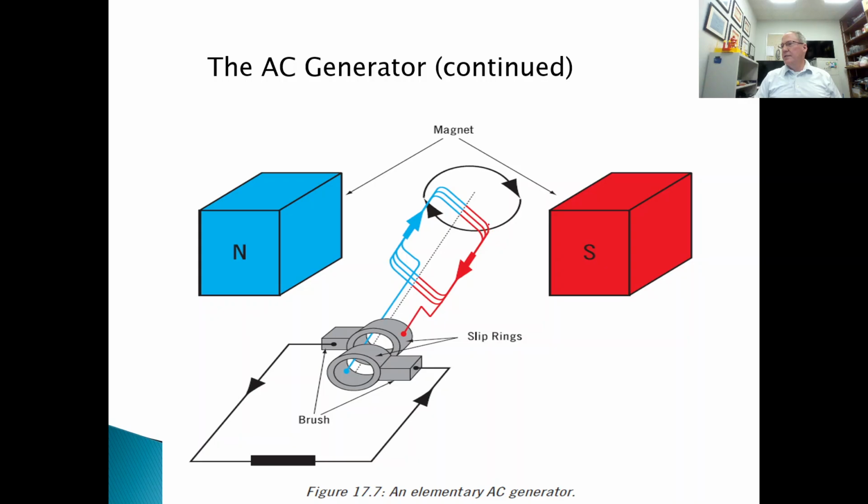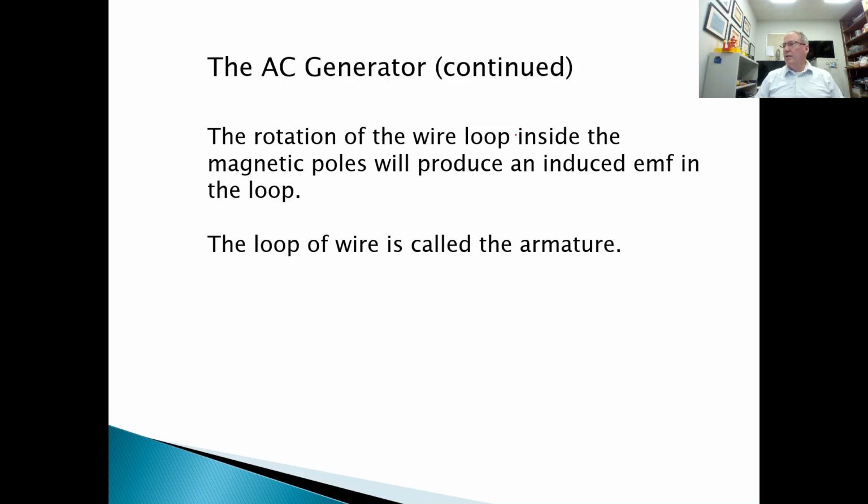All right, so if we have a north and a south pole, which will have the magnetic field, and we rotate this conductor, it's going to generate current through our wires, and we can measure it here. Okay, so the rotation of the wire loop inside the magnetic poles will produce an induced EMF in the loop, and this loop is called the armature.